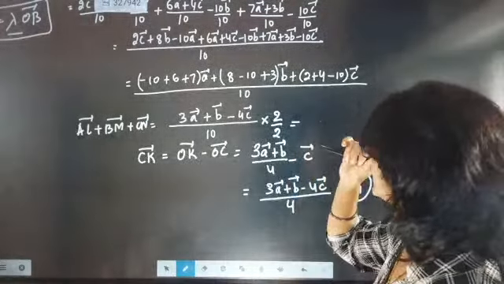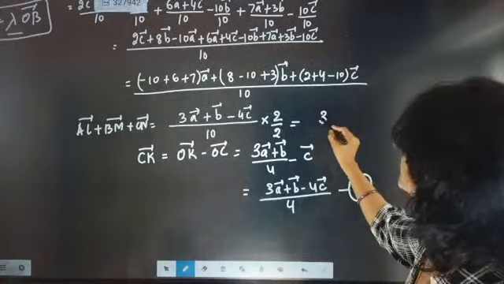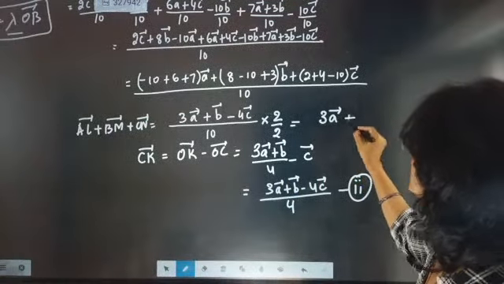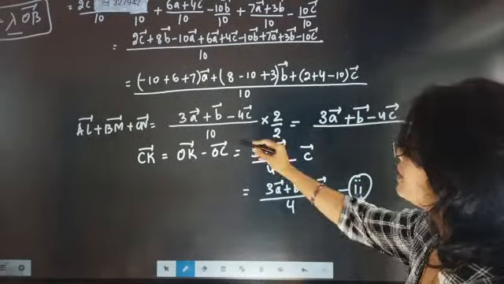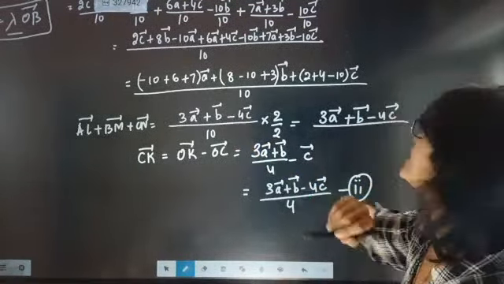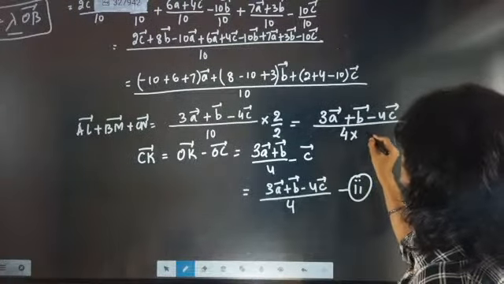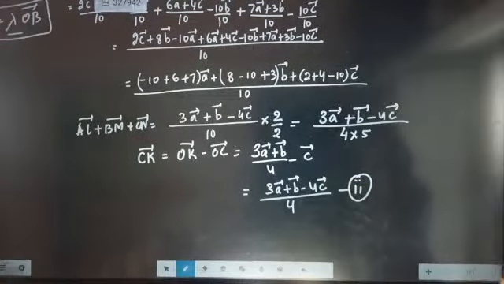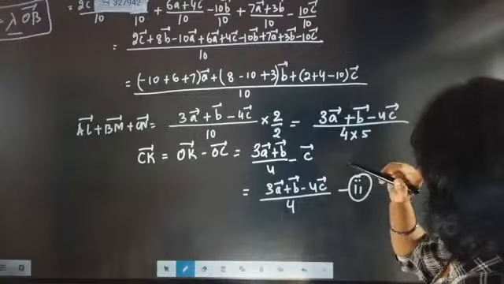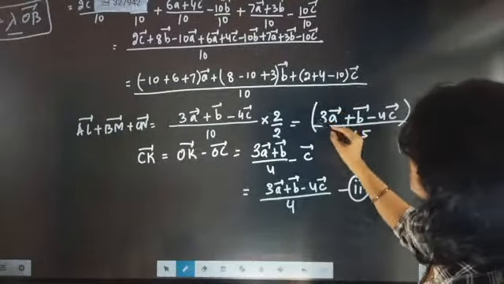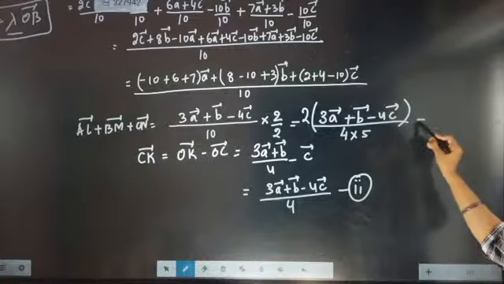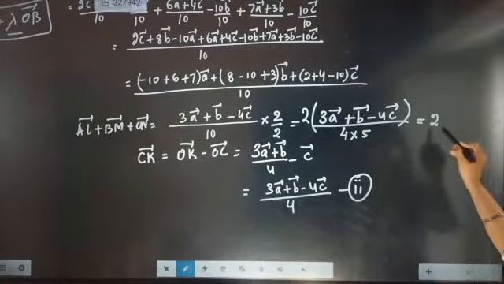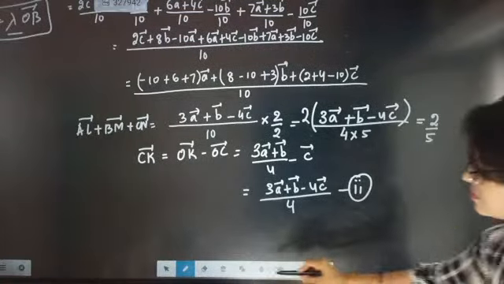If we make any change in equation 1, it is written as 3A vector plus B vector minus 4C vector by 2 fives are 10, so it will become 4 into 5, and 2 is there. So now this will be coming as 2 by 5.